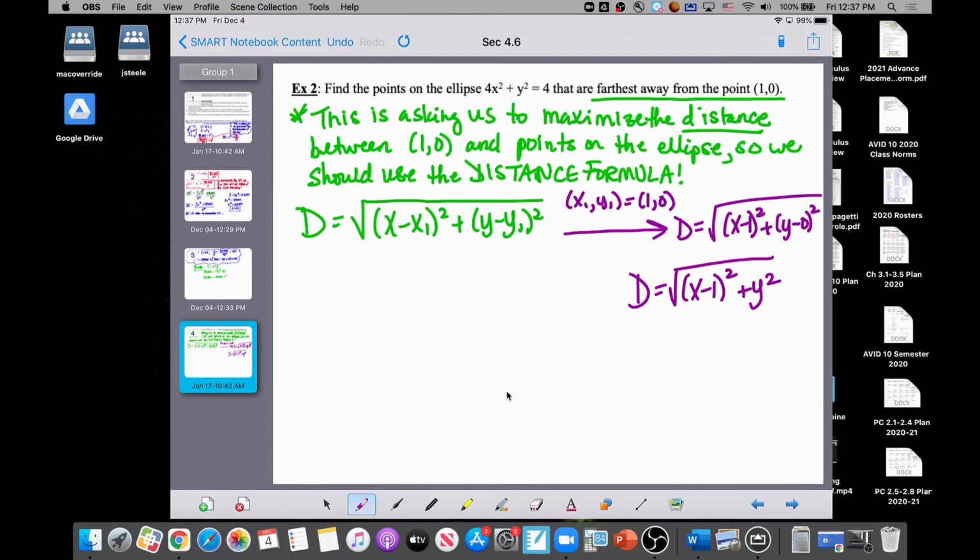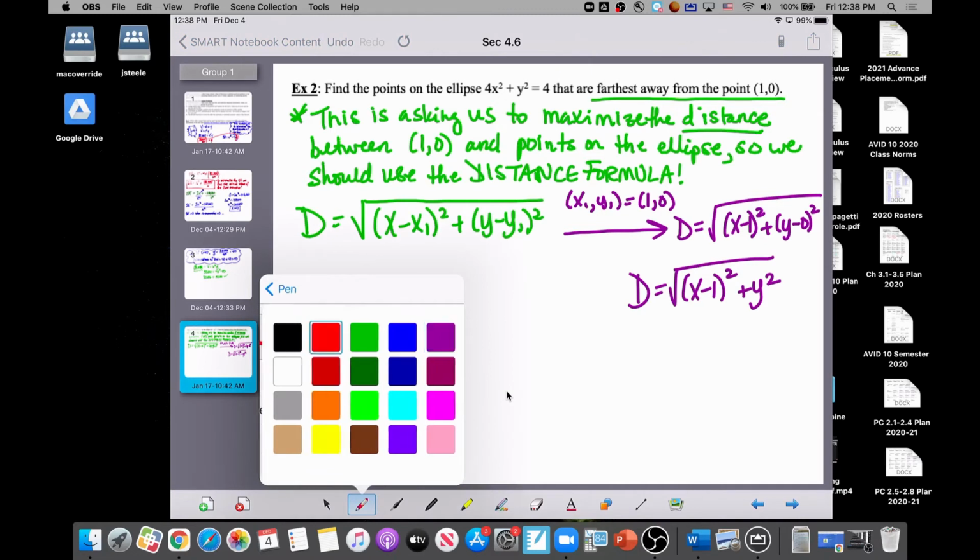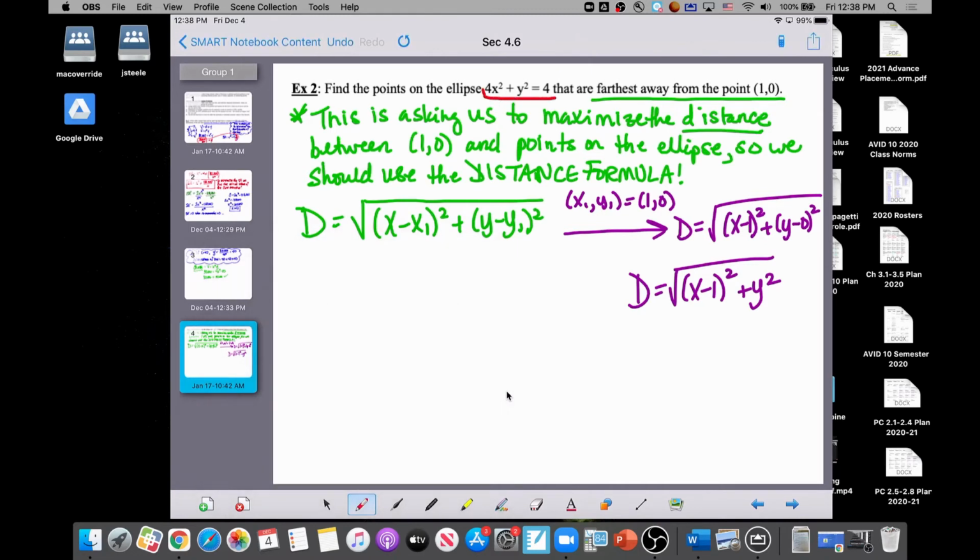Just like in the previous problem, we know that we're going to need to find the derivative of the distance formula, because if we're trying to maximize the distance, we're going to take the derivative of the distance formula. Right now our distance formula has 2 variables in it, the x and the y. So we're going to need to do a substitution for y. What we haven't used yet is the equation of the ellipse, which was given to us in the original problem, and that has x and y in it.